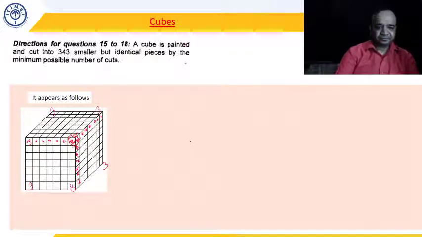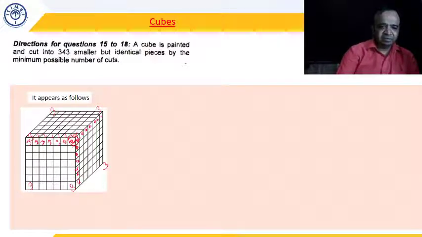8. Now, similarly, if I talk about 2 face painted, so this was 3 face painted, this was 3 face painted. Now just look at the neighbor of this type of piece. It has 2 faces open towards painting. So 2 face painted, 2 face painted, 2 face painted.